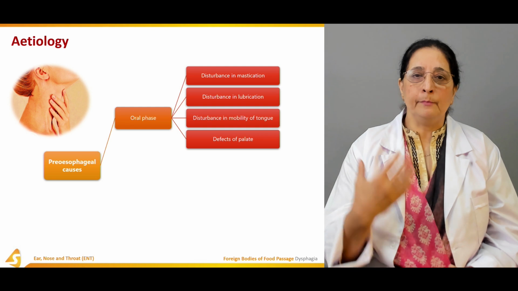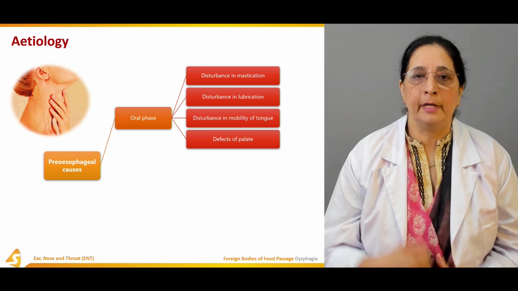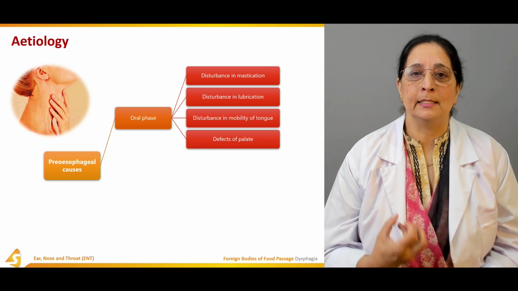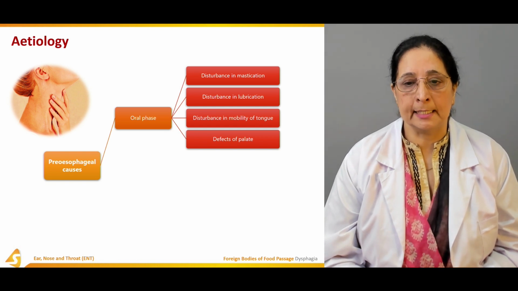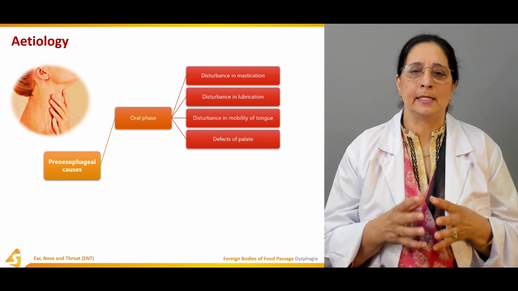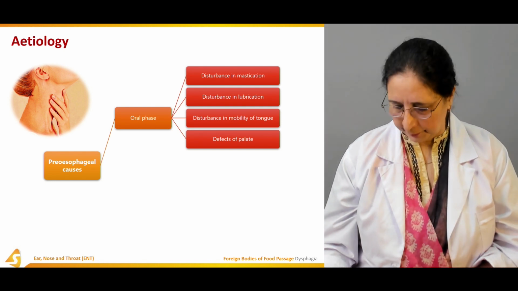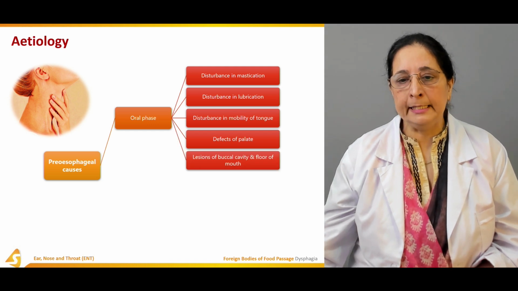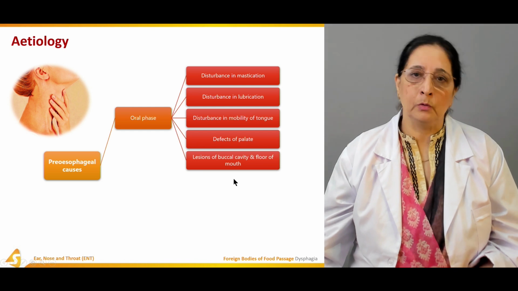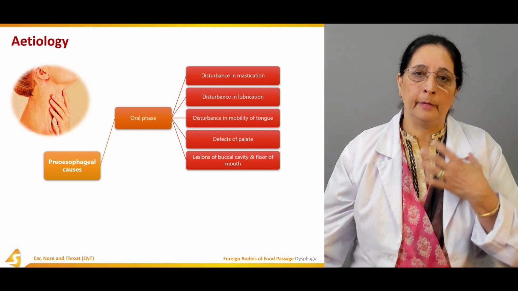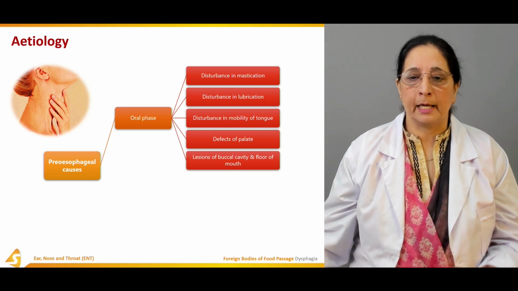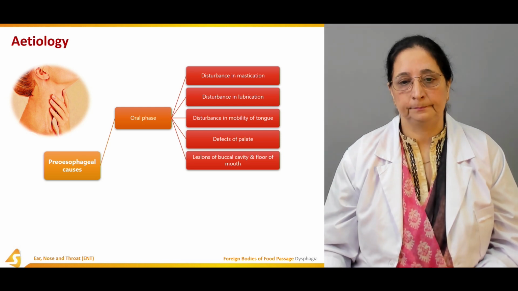Then the mobility of the tongue again is very important to make the bolus that is easily ingested. If that is not there, all these different defects can cause dysphagia. Then lesions of the buccal cavity and floor of the mouth again can cause dysphagia because we cannot chew the food properly.